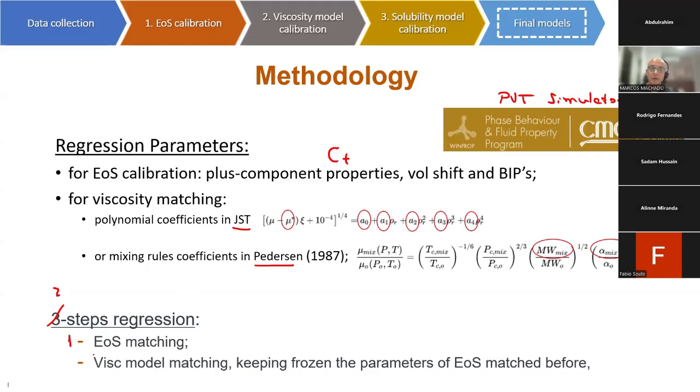After that, we will update the parameters of the equation of state. Using these updated parameters, you can go to the second step, which is to do the viscosity model match, keeping frozen, this is important, the parameters obtained in the previous step, okay?